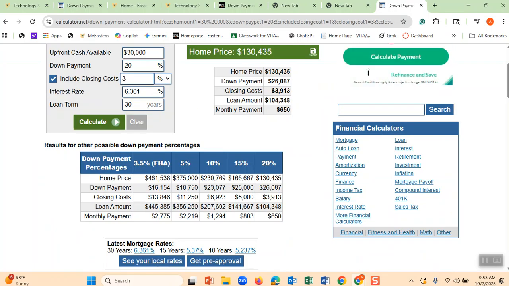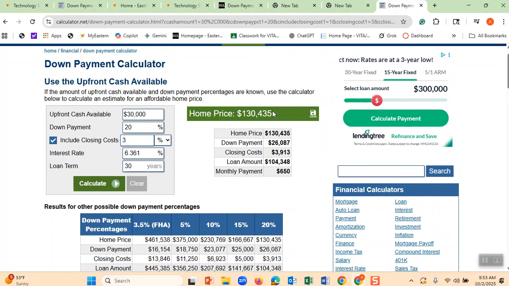The bank would tell you that the maximum price of the house is 130,000, because 20% of this, 26,000, is the down payment. It is 20% of the price of the house. Do you see that? The price of the house is 130,000. 20% of that is 26, and then closing cost 3%.